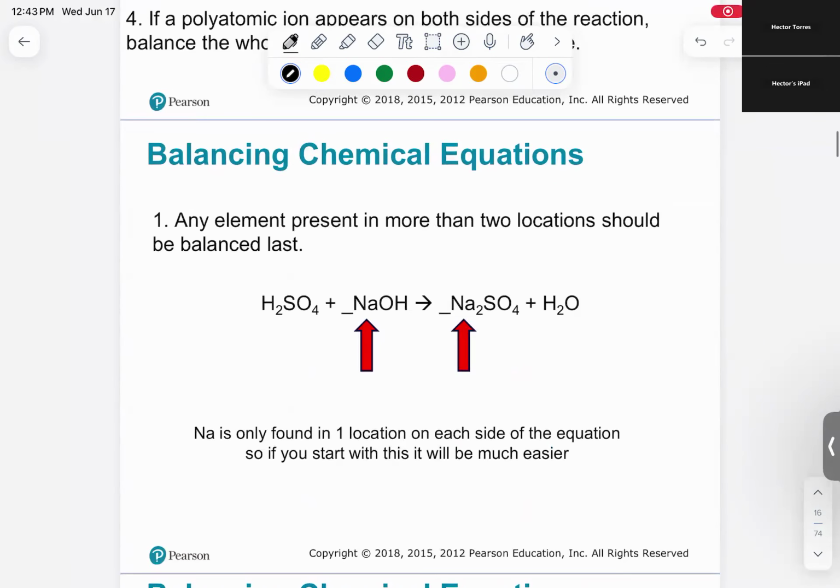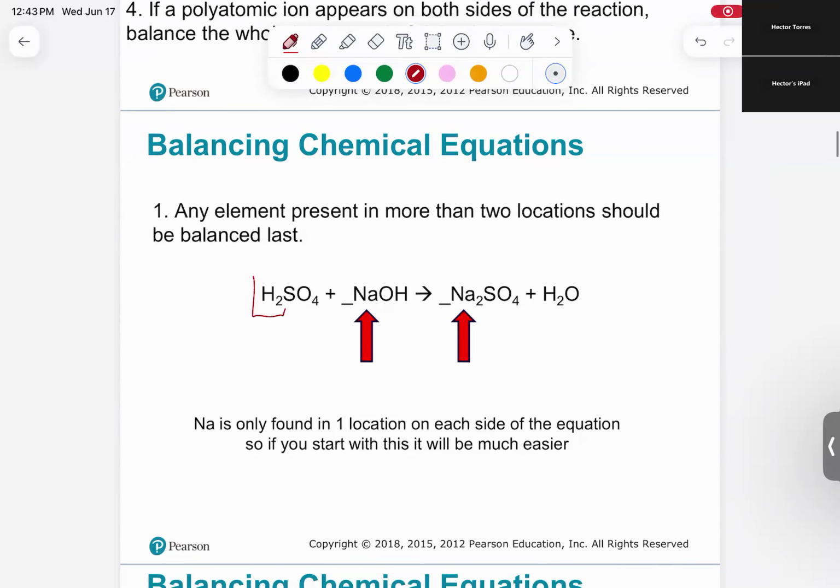For this one, this is tip 1, so let's show you when it helps. Here it says any element present in more than 2 locations should be balanced last. As you can see here, hydrogen is in 2 locations. Oxygen is in 4 locations, so that's a lot.